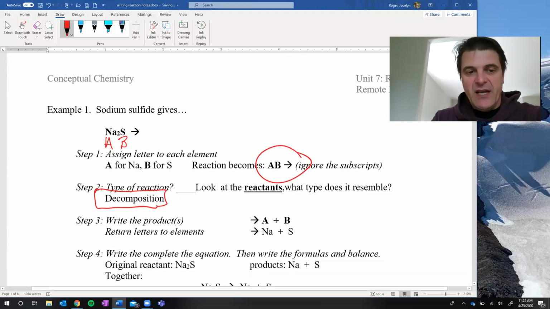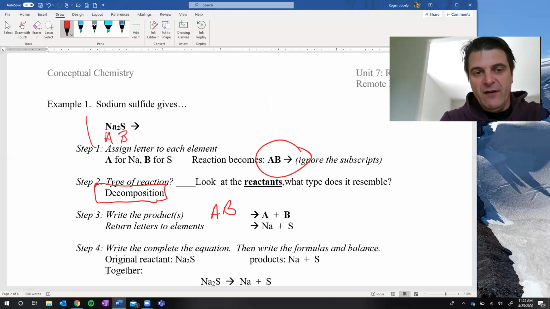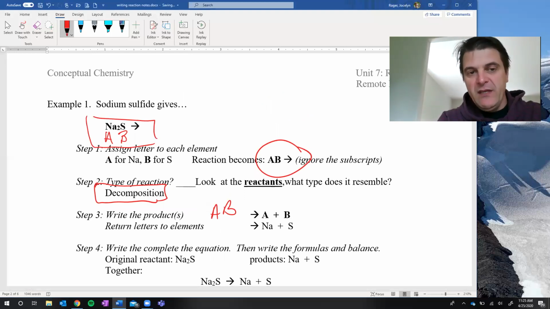So the pattern tells us that AB breaks down into A plus B. Well, A, right here at the very beginning, we said was Na, and B was sulfur. So we'll put them back in.